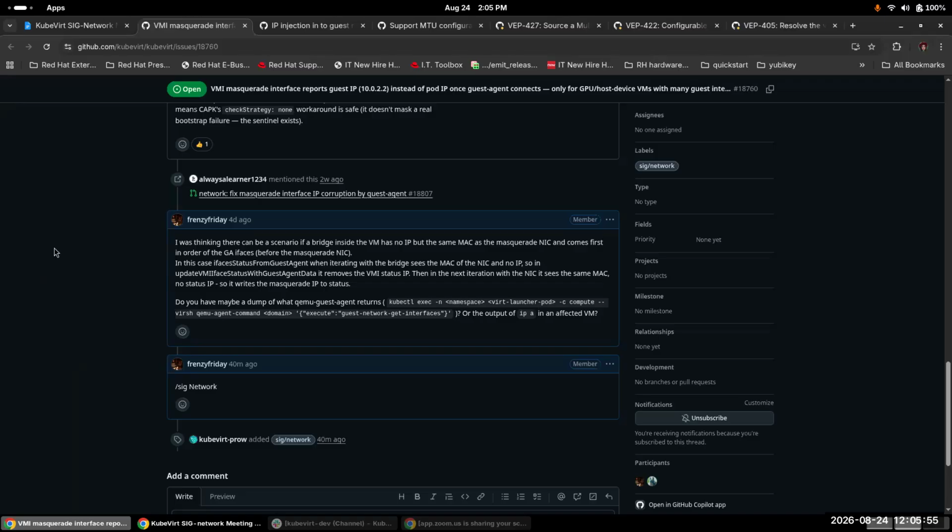So in case there's a bridge or something which does not have an IP but has the same MAC as the primary NIC, it may set our IP to nil, and then during the next cycle it may be set to this wrong IP instead of the pod IP. So I asked the owner of the issue if they can provide me what they see from the guest agent. But meanwhile, do you even think this is a valid scenario?